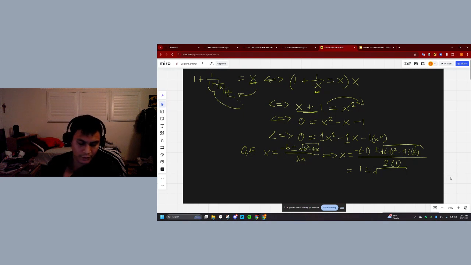So that gives us a positive 4 plus a positive 1, and that gives us a positive 5. So this is plus or minus the square root of positive 5, all divided by 2. And if you look this up, this is actually one of the definitions for phi, which is the golden ratio.